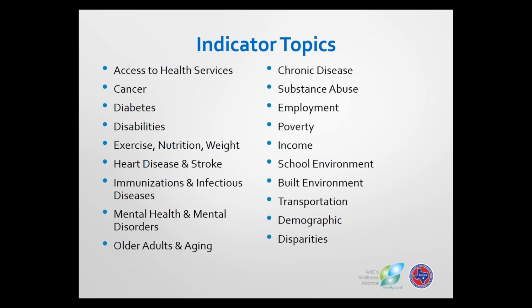We have about 225 indicators on the website. More than half are related to Williamson County. About a third is related to a city, for example, you can find data about Georgetown or Round Rock or Hutto. About a third is zip code based, and about a third is census tract based.